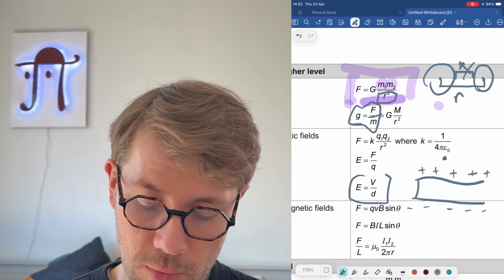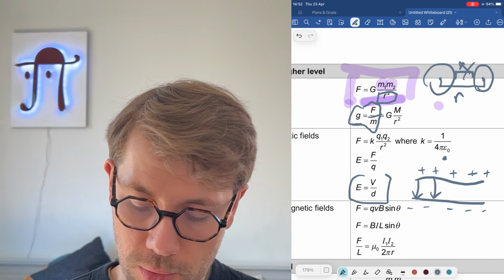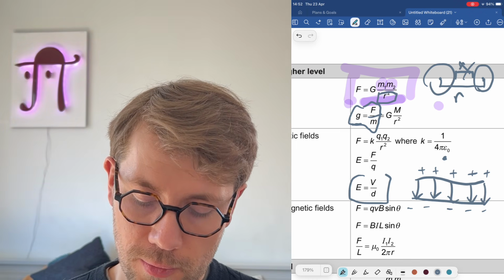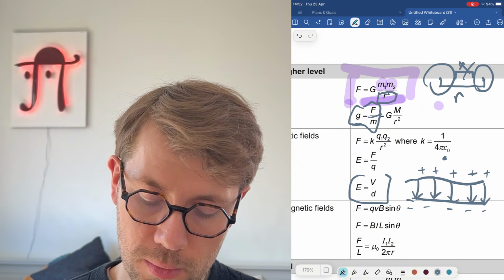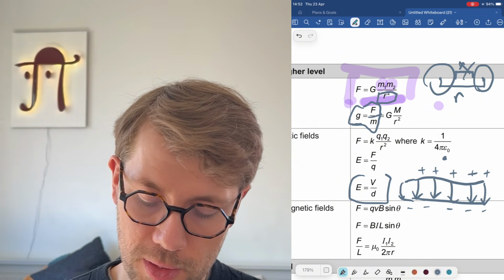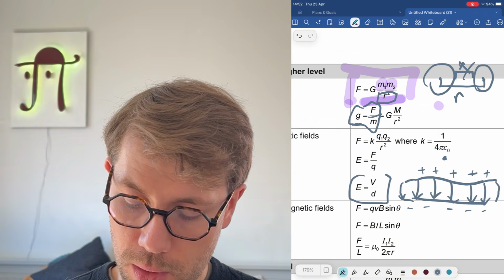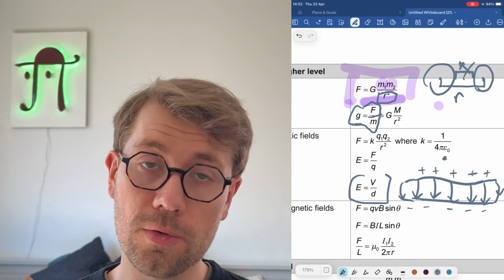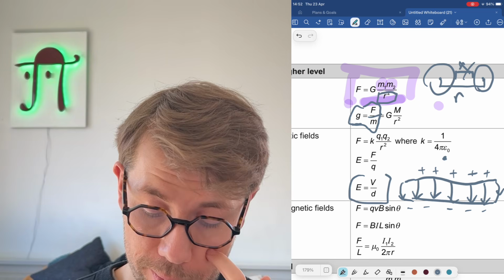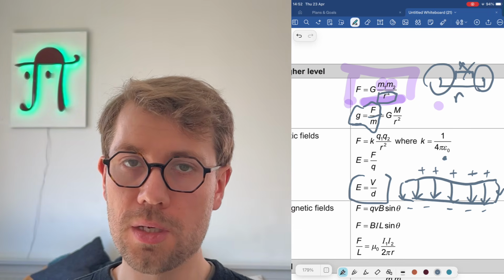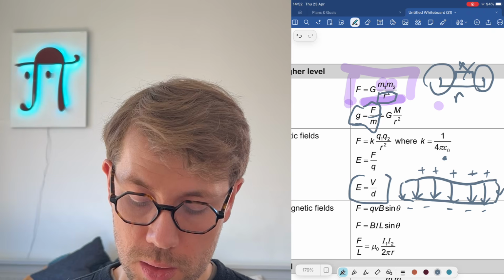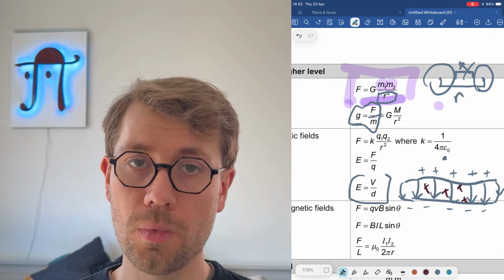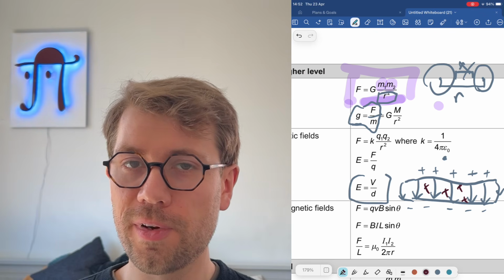Now this field is uniform, so I can draw all of my field lines exactly the same distance apart. If I want, I can make the ones on the edges curved, for those extra fancy bonus marks. But everything else is perfectly parallel, same distance apart, to represent uniformity. And because we've got a uniform field, that means it's the same anyway. If I measure it here, it's going to be the same as here and here and here, which is handy. That means we can probably find an equation for it.